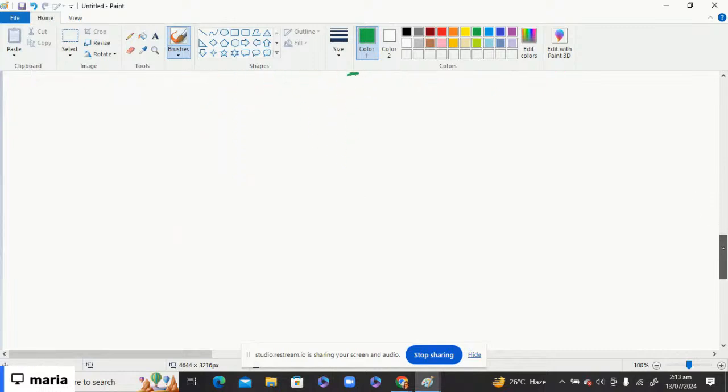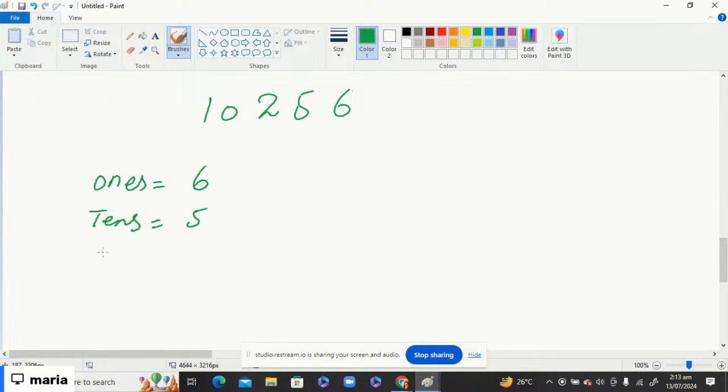But here is a difference. For example, if I write some numbers here, you guys tell me which one is in the ones or tens place. Which one is in the ones place? In the ones place it's 6. In the tens place it's 5. In the hundreds place, that is 2.